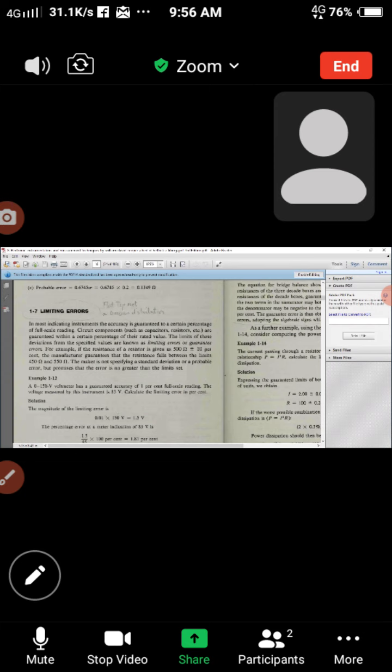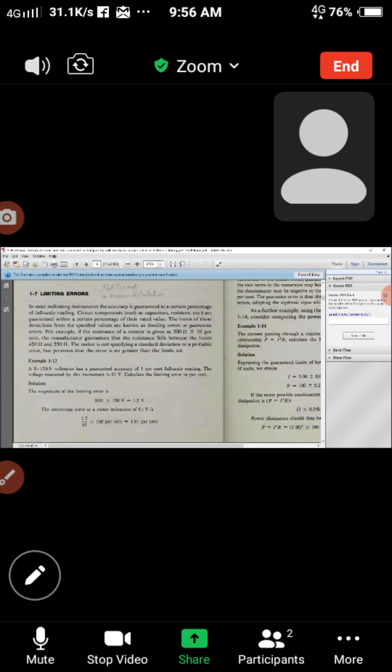The percentage error at a meter indication is 1.5 divided by 85. If I want to read 85 volt, the percentage error will be 1.81%. That is 1.5 divided by 85 into 100%, that is 1.81%.